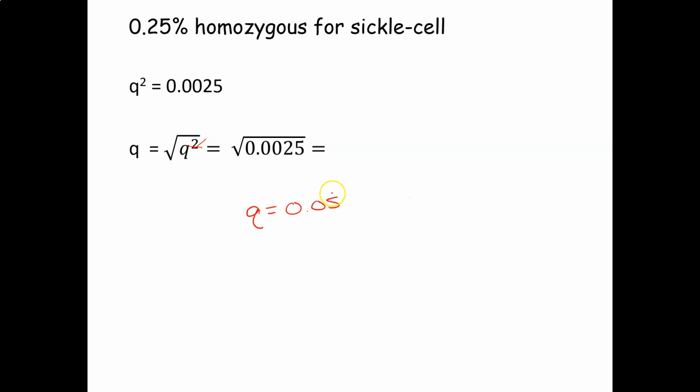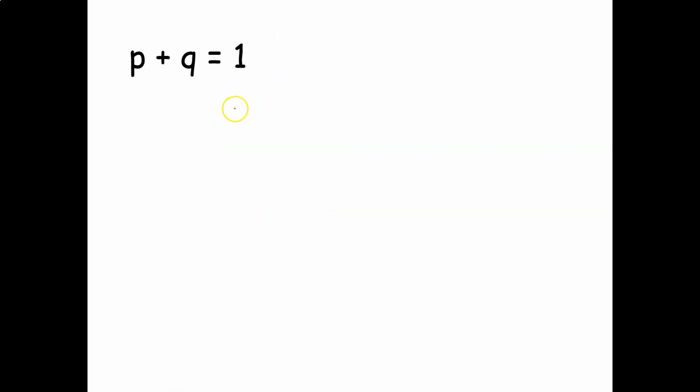Okay, so I now know what Q is. That's going to now allow me to figure out what P is. So now that we know that q equals 0.05, I can now utilize that p plus q equals 1 equation to figure out what p is. Remember your simple algebra. I ultimately want to get p by itself.